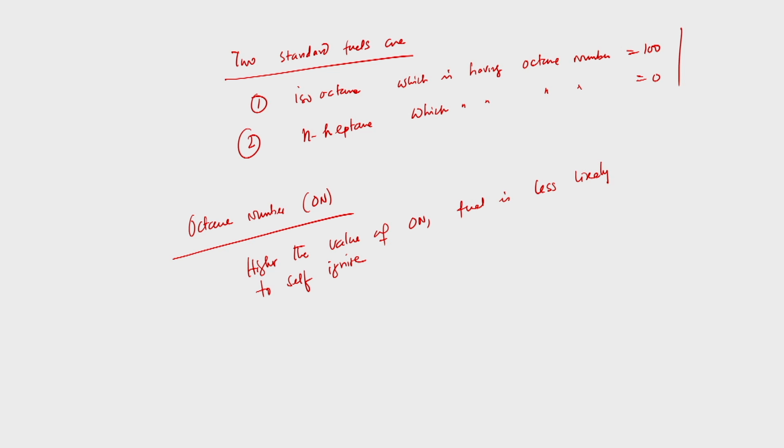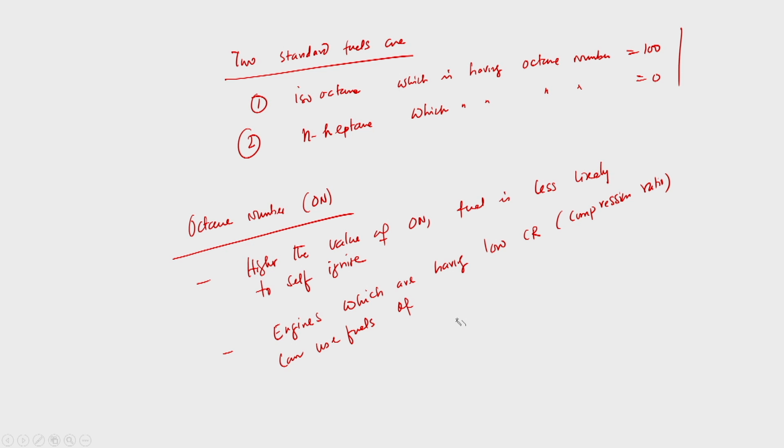So, engines which have a low compression ratio, that is spark ignition engines, because the compression ratio itself is low, can use fuel with low octane number.